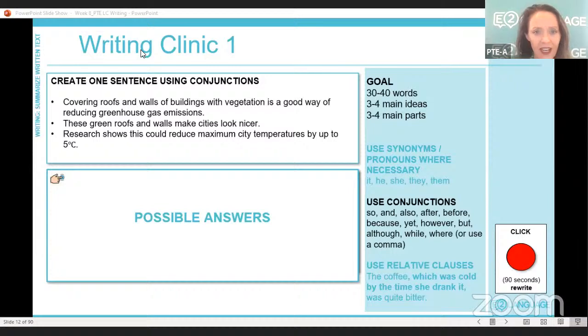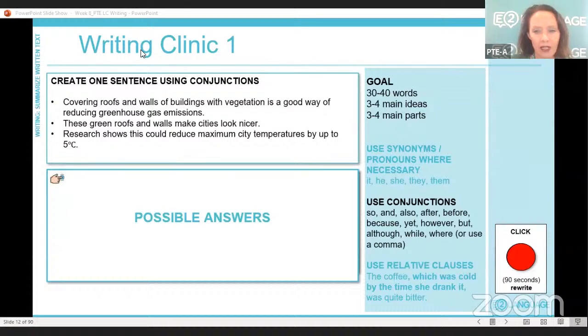A nice, very minimalist one from Karjun, who said, covering plants for building walls.